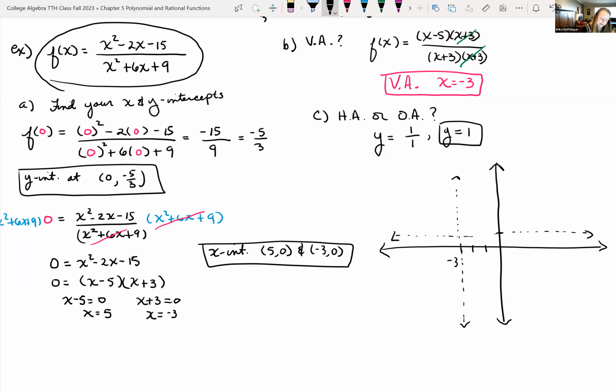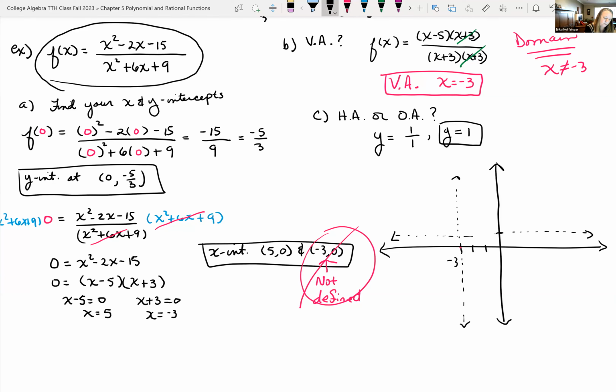We had an x-intercept at -3. Okay, so notice that this is not defined. We go back up here, our domain, x cannot be -3. So x equals -3 is not an x-intercept.